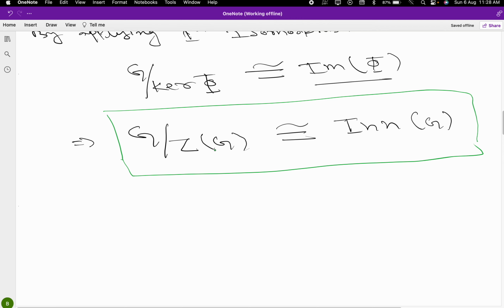You need just G and the group Z(G). You will definitely be able to see the inner automorphism and its internal properties.